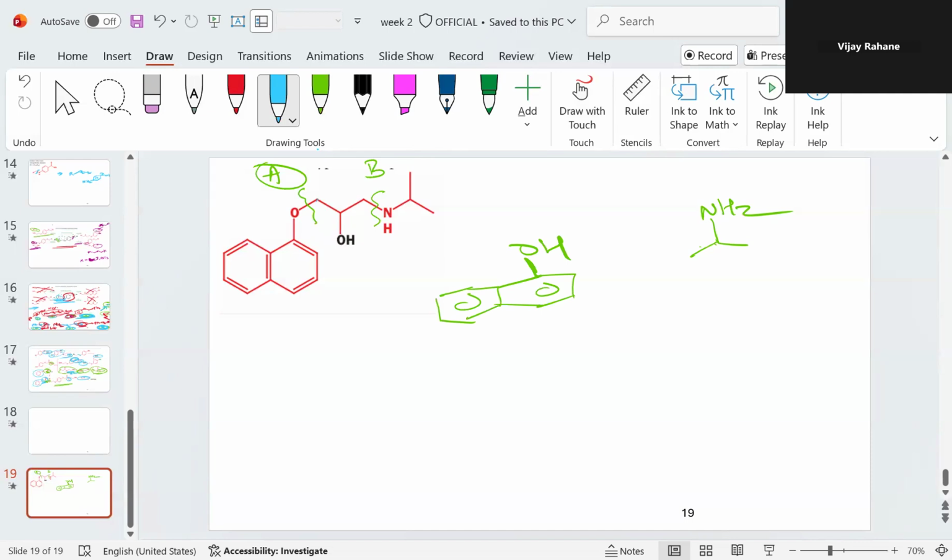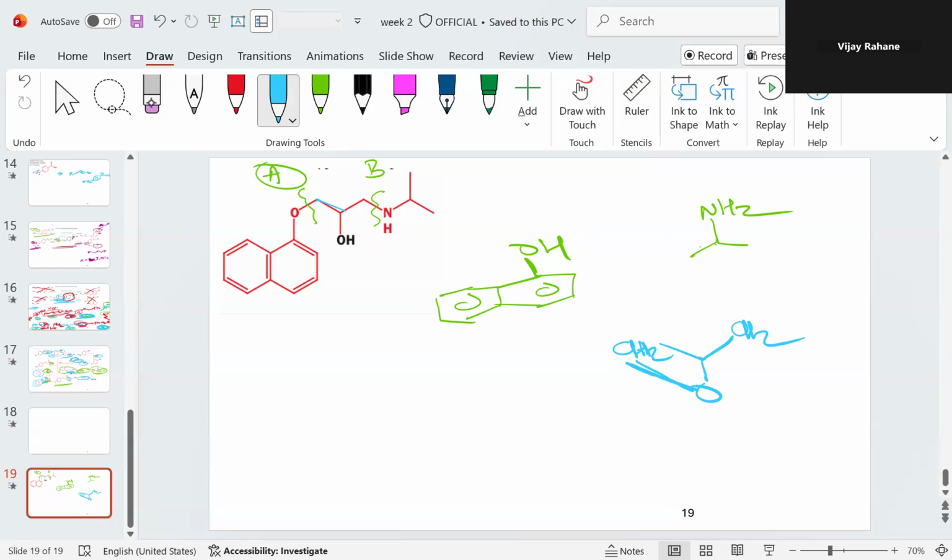It has CH2. This CH2 has the O, and here there is another CH2, right? So this can be derived from, as we have seen in one example earlier, the epoxide.